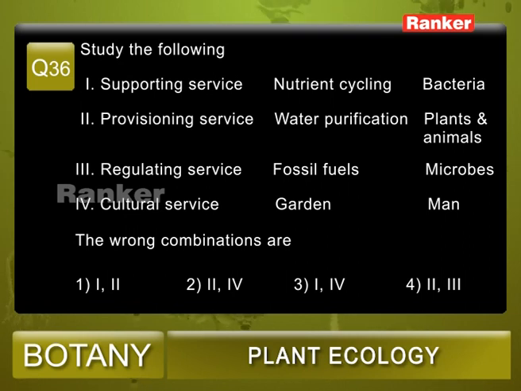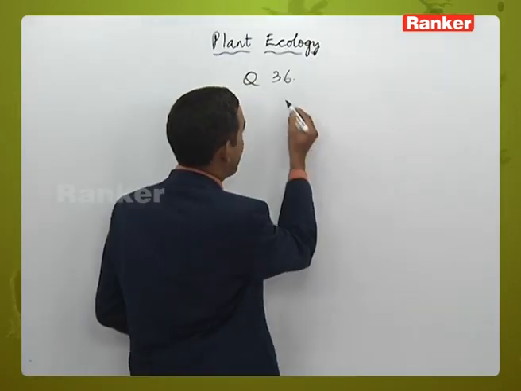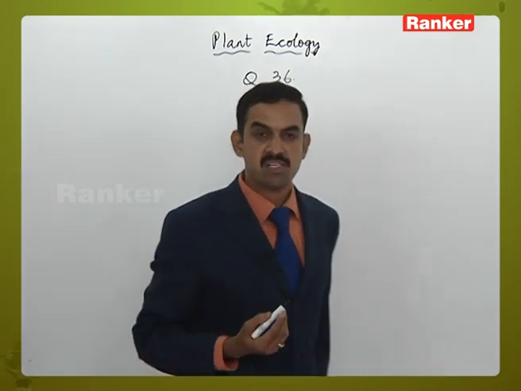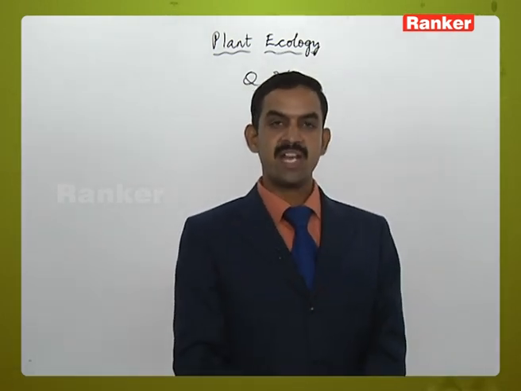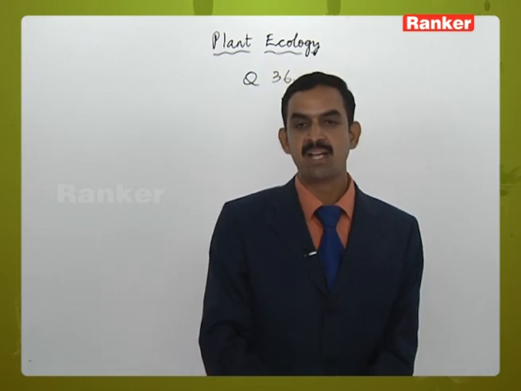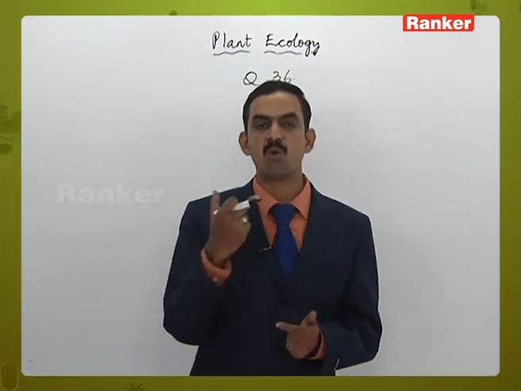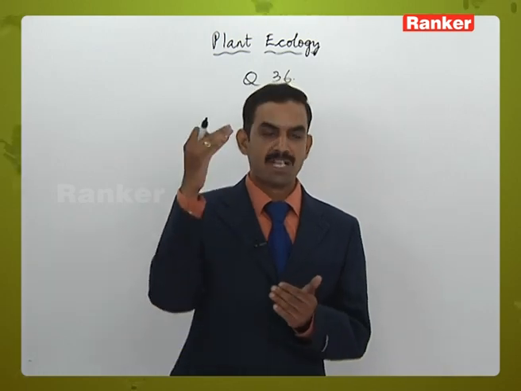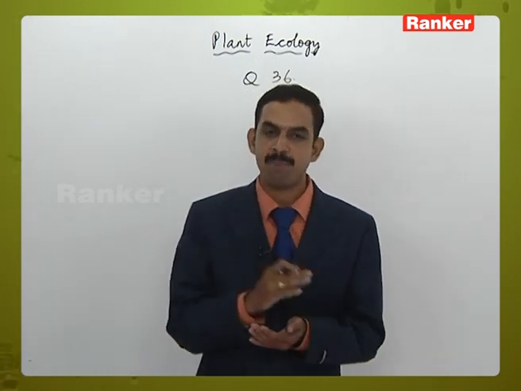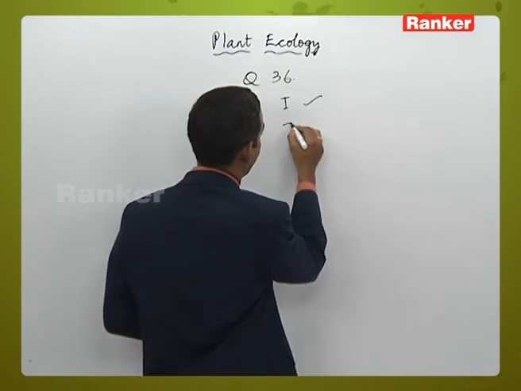Here let's come to the first one, the supporting service, which includes nutrient cycling, which is done by the bacteria. That is, various types of nutrients are cyclically moving from soil to the atmosphere, passing to the plants, by bacteria. So this is correct.